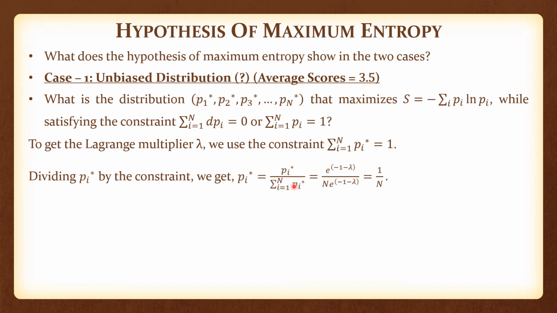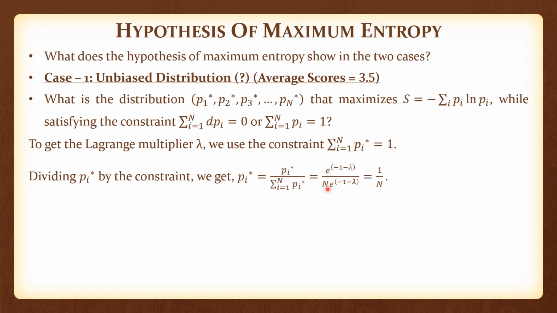And each of these is e power minus 1 minus lambda. So suppose this number is say a. What I am looking at is sigma i equal to 1 to n, a plus a plus a, n times. So that is simply n into a.